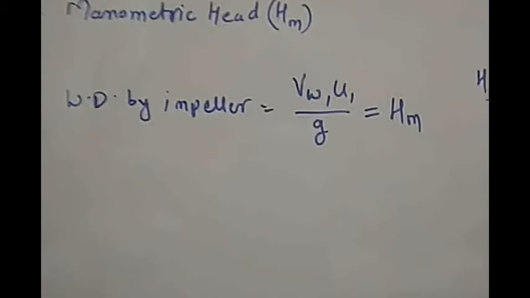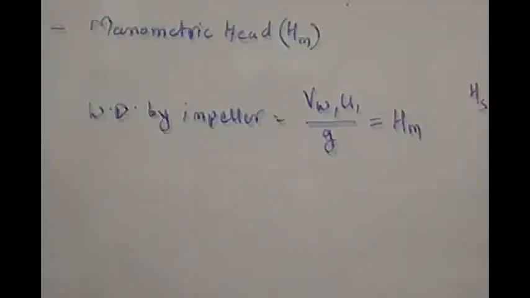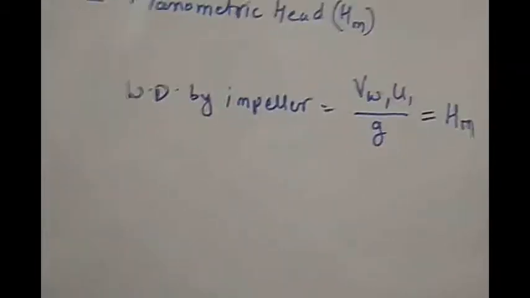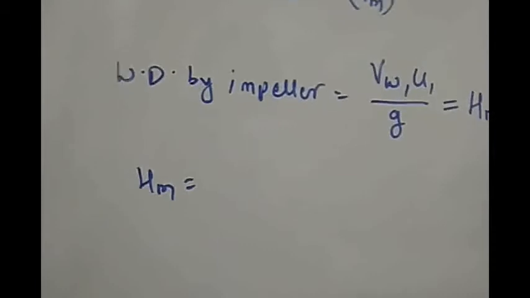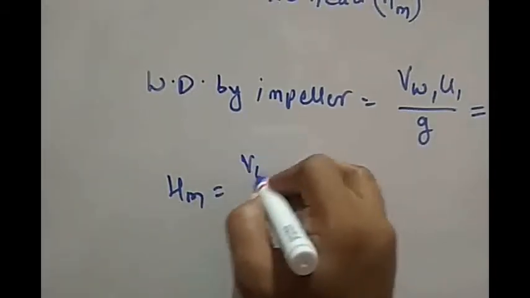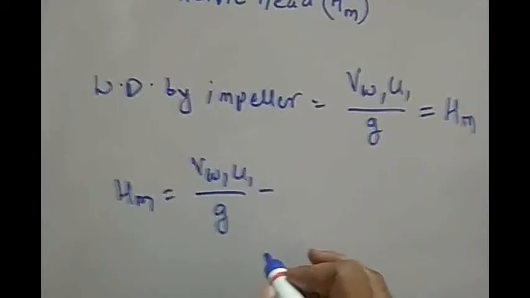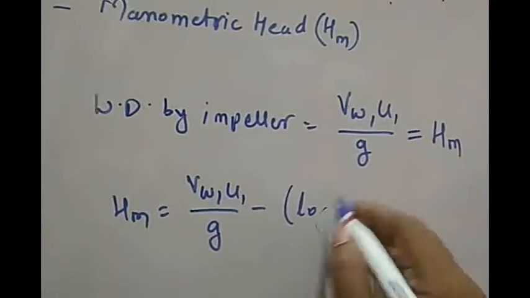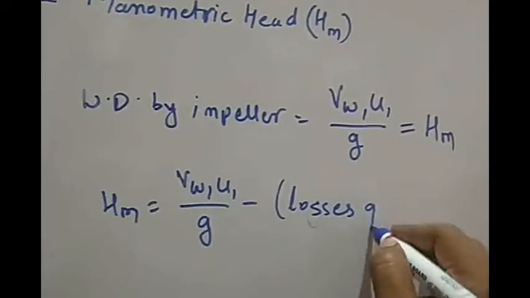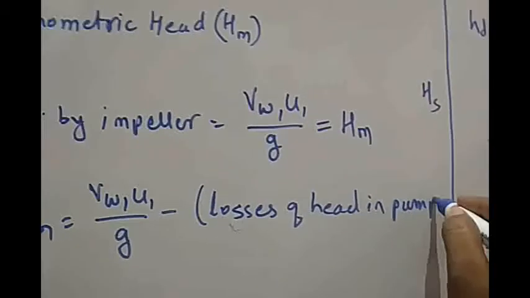If we consider any losses, then HM is given as Vw1u1 upon g minus losses of head in the pump. There are various types of losses that we will discuss later on.